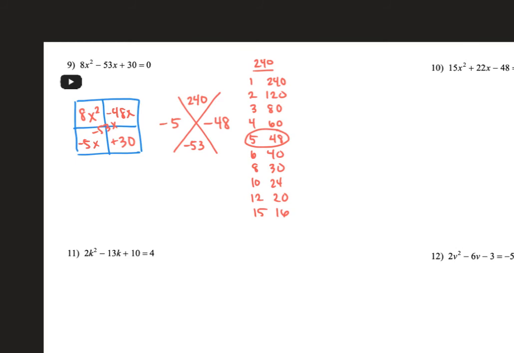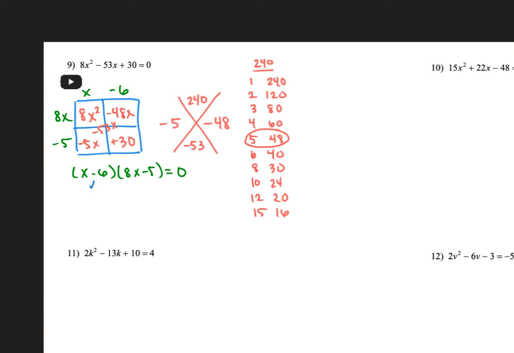Starting with the top row, the GCF of 8x squared and negative 48x is 8x. Then we can work backwards. So 8x times x; 8x times negative 6 would give us negative 48; and x times negative 5 would give us negative 5x. Now I have my factors: x minus 6 times 8x minus 5 equals 0.